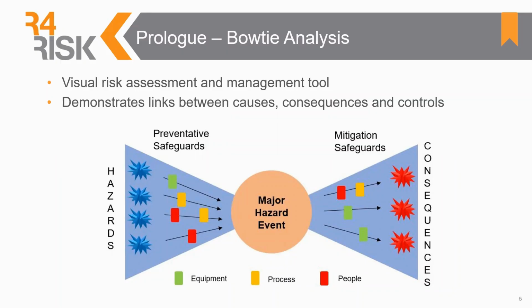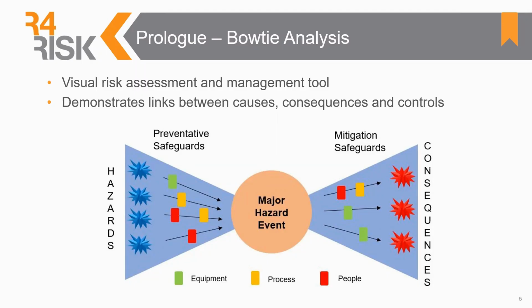So in between, we have these little coloured boxes, which are our controls or our safeguards, barriers. Again, they have a lot of different names. But on the left-hand side, we have our preventative safeguards. So these should be the controls that prevent us from progressing to our centre event. And similarly, on the right-hand side, our consequence side, we have our mitigation safeguards.